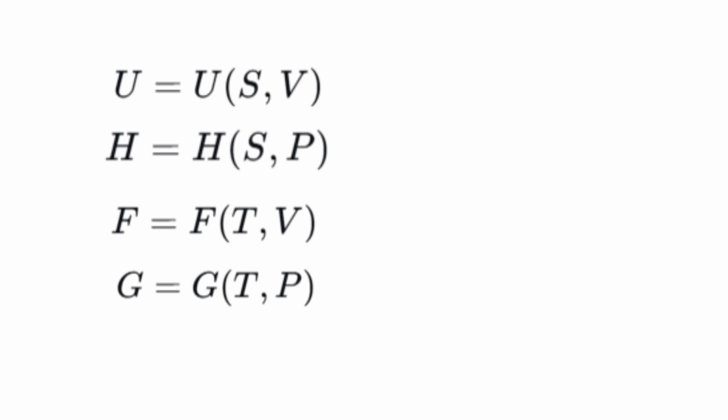We can control volume easily by using a piston, but entropy is extremely difficult to measure or control directly in a lab. Therefore, using internal energy as a function of entropy and volume for everyday calculation is very inconvenient. Thermodynamic potentials are constructed mathematically to replace entropy with temperature, which is easiest to control.